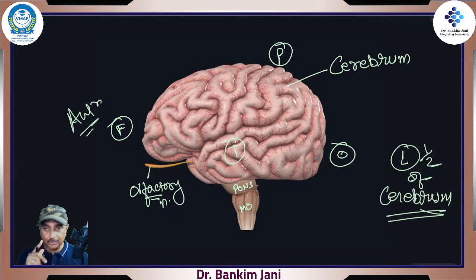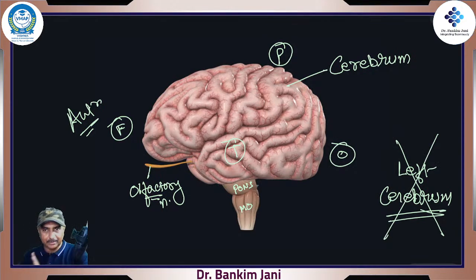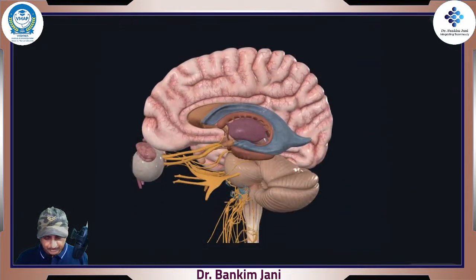Remember, it is not that we are removing the left half of the brain. No, only the cerebrum. So we can say we are removing the left cerebrum, that would be more appropriate. Only that we take off. And when we take it off, this is what we see. Now, what is that?